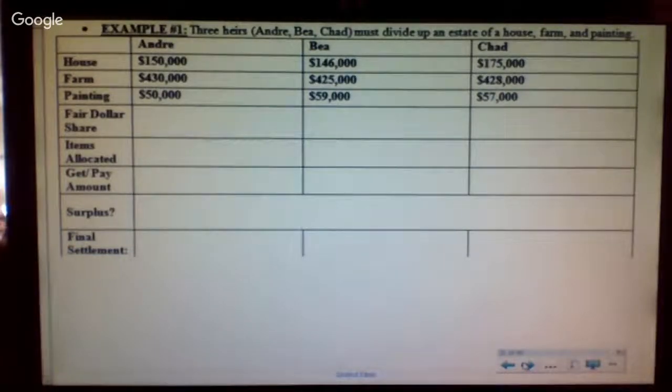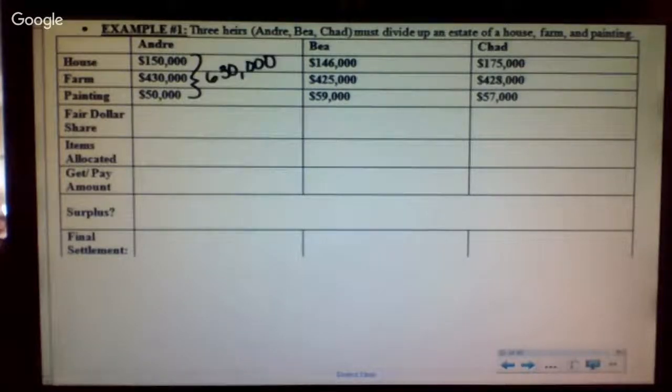So the first thing we have to do is calculate their fair dollar share. How much money should they end up with at the end of this? The way we do this, you need to get a total of all of Andre's items. How much is Andre willing to put out there to buy these items? 630,000.